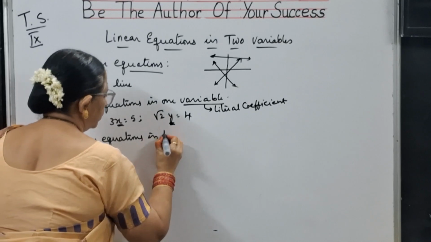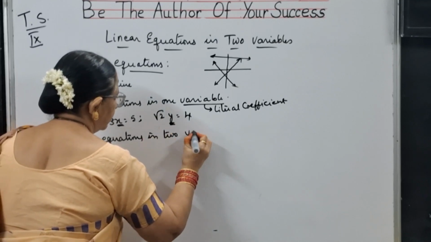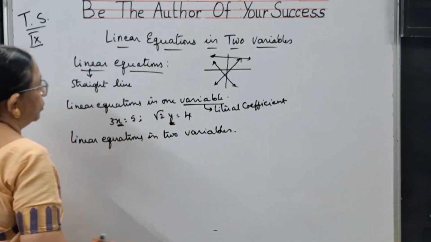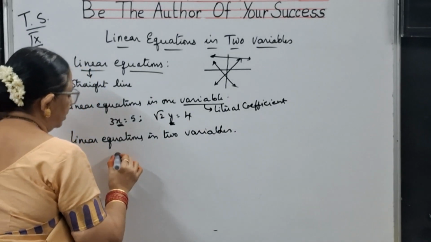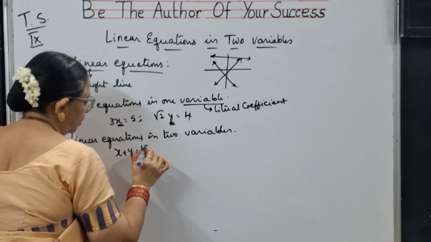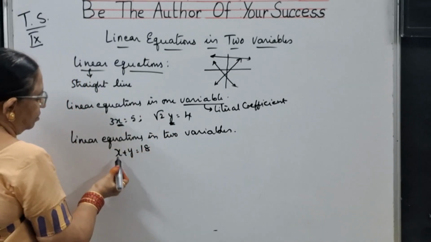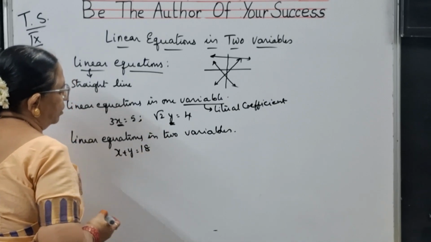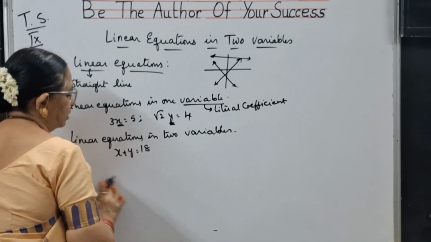Now our topic is linear equations in two variables. You are having two variables. Two variables means, children, I can take x + y = 18. This is one variable, this is another variable. These two together you are getting an equation.